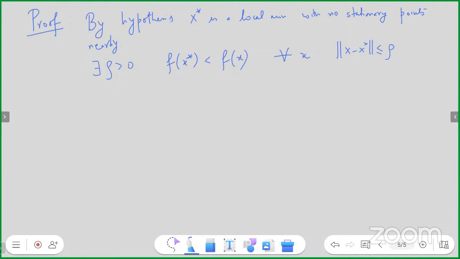That's just by the hypothesis that x star is the only local minimizer in a small neighborhood. So there exists a rho of this type, and f has no other stationary point in this set.